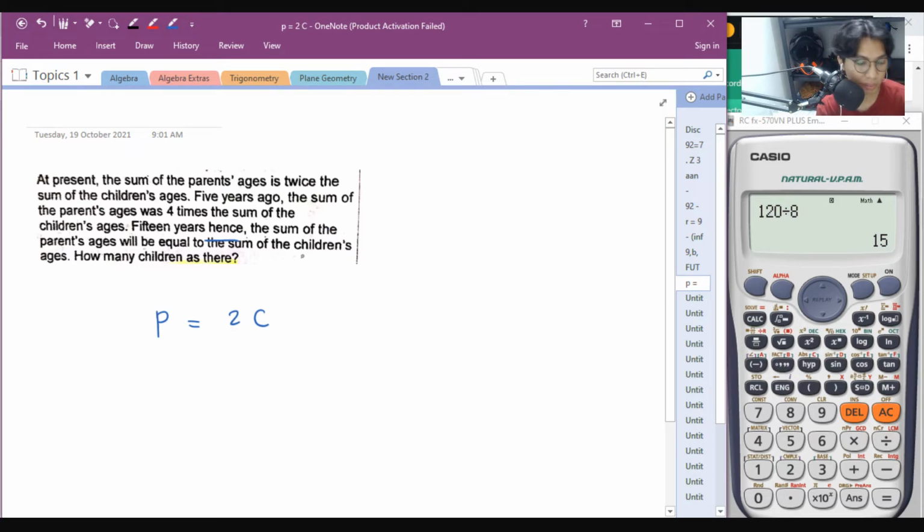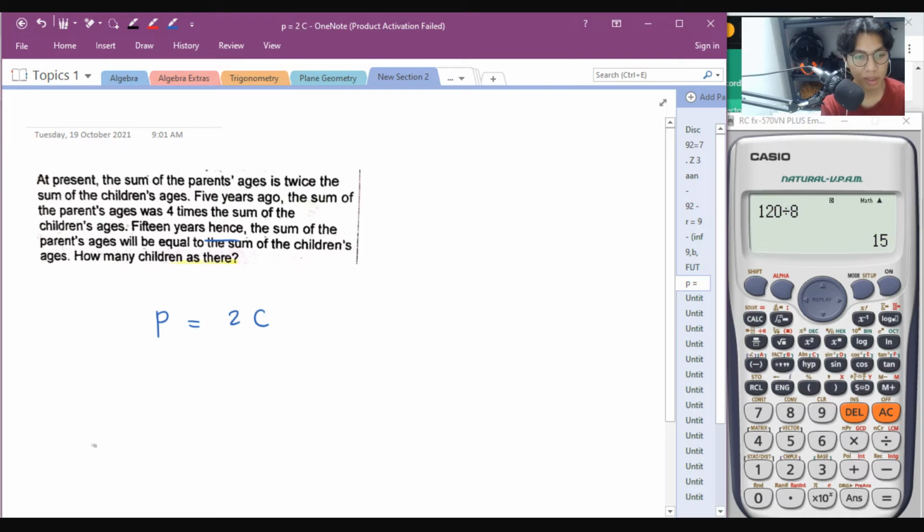So, paano yan? So, yung parents mo, dalawa yan, di ba? Tag-isa. Okay? Will be 4 times the sum of the children's ages. Children, hindi natin alam kung ilan sila.